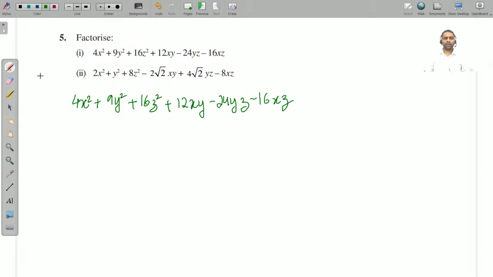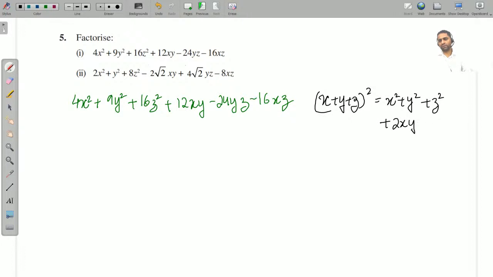First of all, you have to identify, like we know that it is something of the form x plus y plus z whole square equals x square plus y square plus z square plus 2xy plus 2yz plus 2zx.